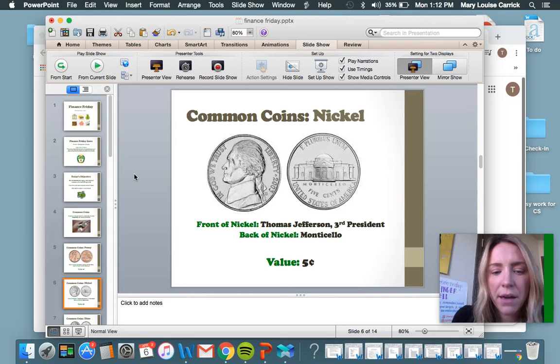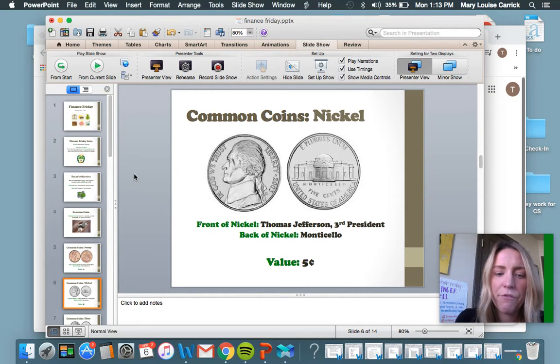And on the back of our nickel is a building called Monticello, and that is the building that Thomas Jefferson lived in. It was before Thomas Jefferson was president, before the White House was built. So he lived in his home of Monticello, which is what is on the back of this coin, the nickel.